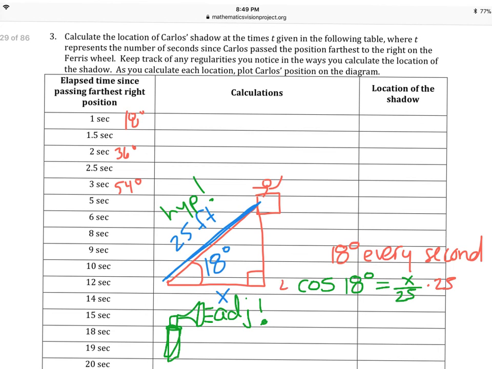We multiply both sides times 25. And then we end up with 25 times the cosine of 18 is equal to x. That is going to tell us how far away from the center Carlos is.